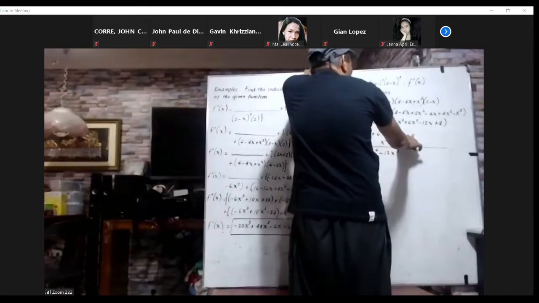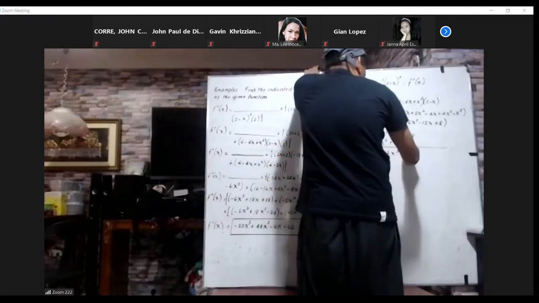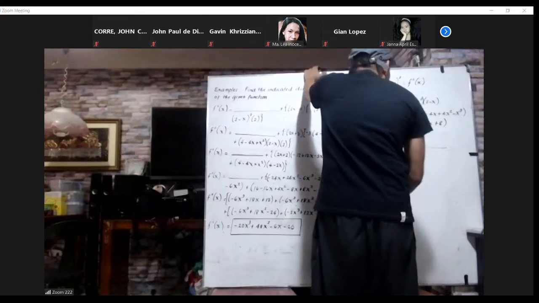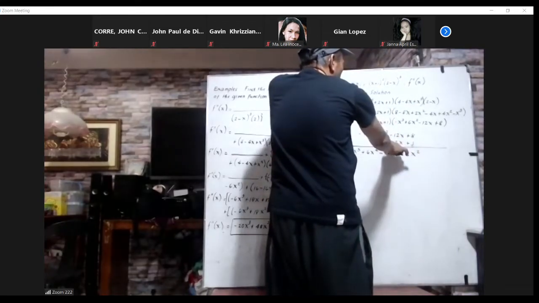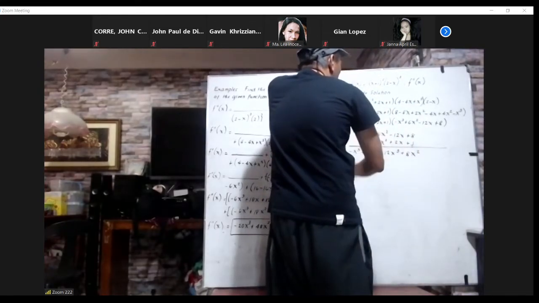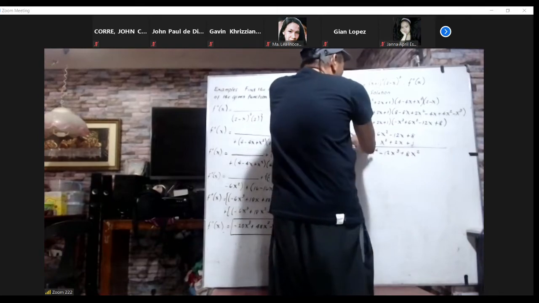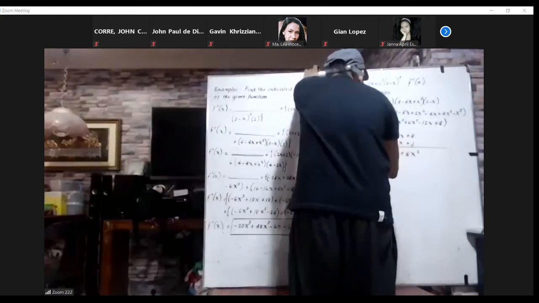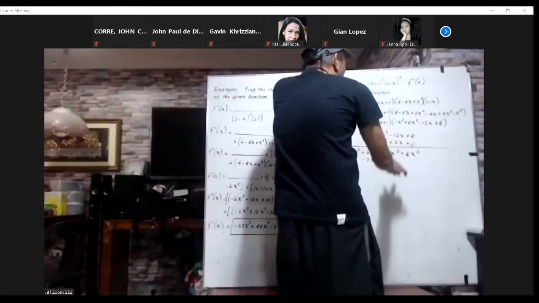Then, positive 8 times x squared, positive 8x squared. So, punta naman tayo dito. 2x times negative x cubed equals negative 2x to the fourth.